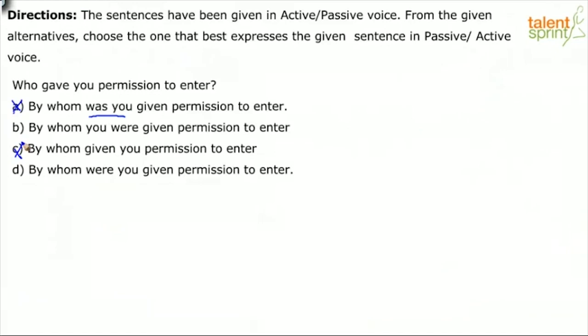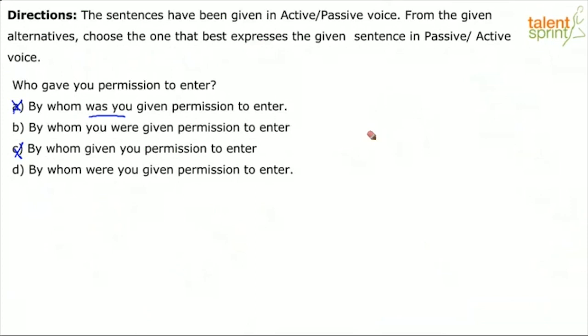The question is, is it by whom you were given or by whom were you given permission to enter? So when you have this construction, by whom, the construction is usually "were you." "You were given permission to enter" doesn't respond to a question, whereas "Who gave you permission to enter?" does.